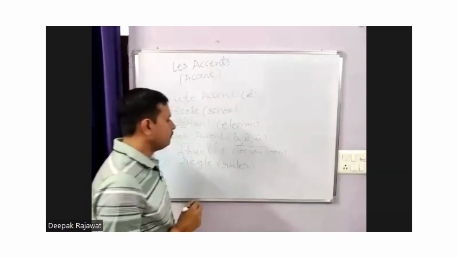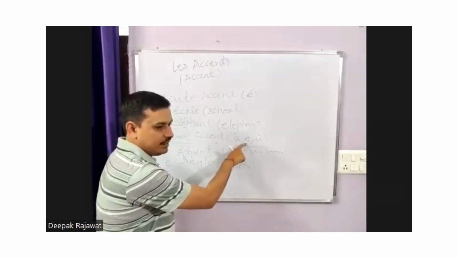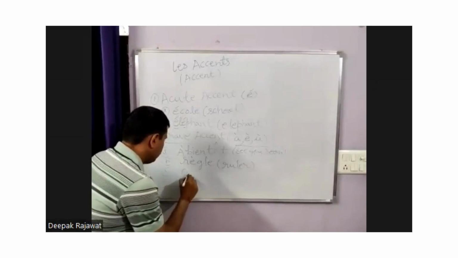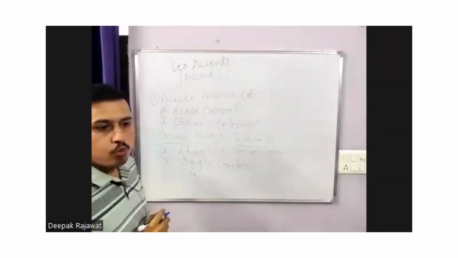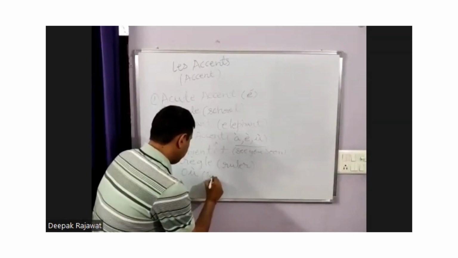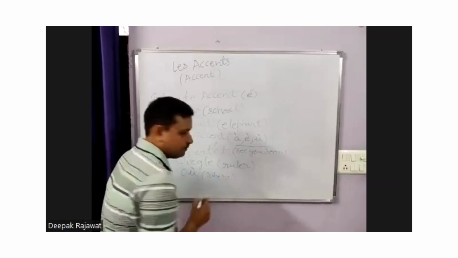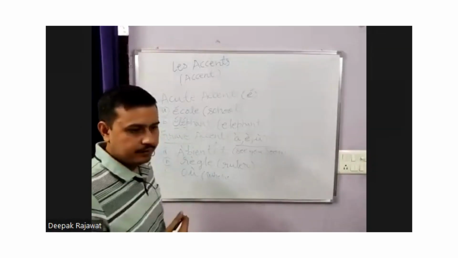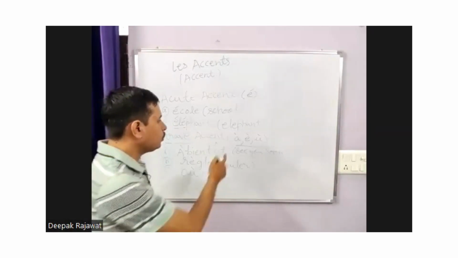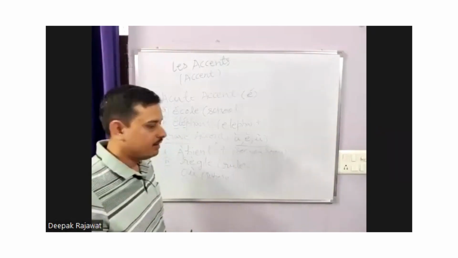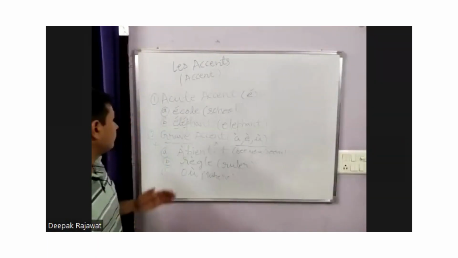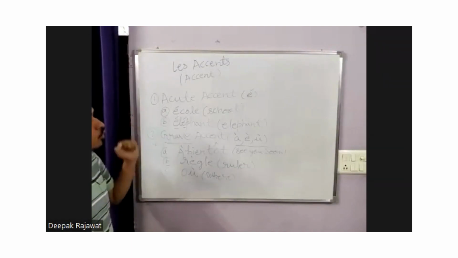This grave accent we put on A, E, U. U, où. Où is where. So this is the grave accent, put on three letters A, E, U. First one we have done is the acute accent.